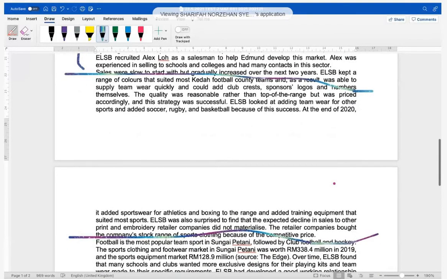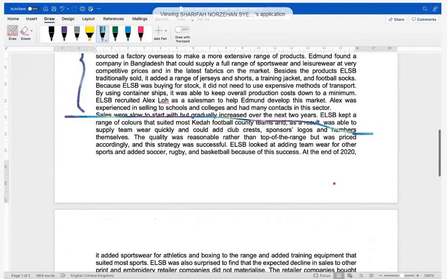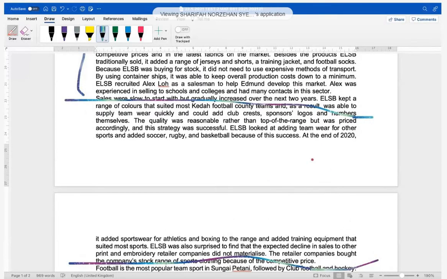So basically, okay, once you know that one, the quality was reasonable. Sales were slow to start with, but gradually increased over the next 2 years. ELSB kept a range of colours that suited most Kedah football county teams and as a result was able to supply teamwear quickly and could add club crests, sponsors logos and numbers themselves.